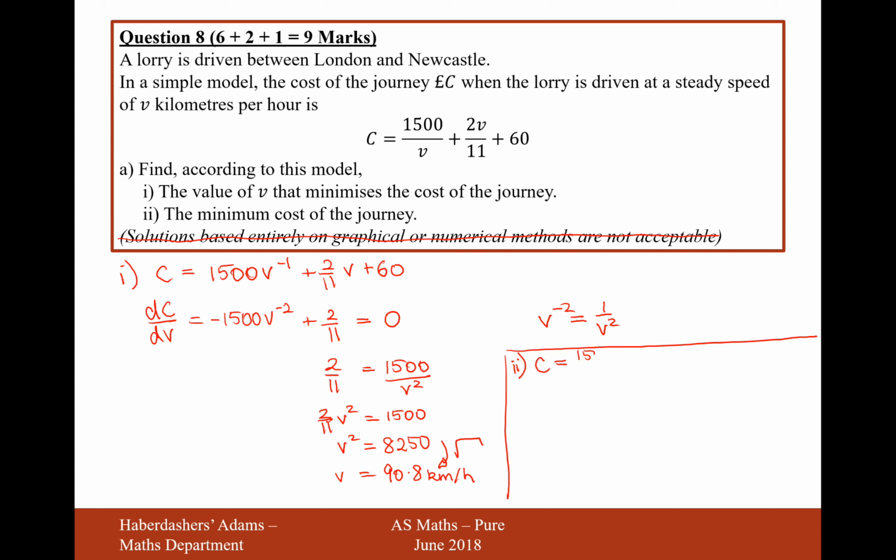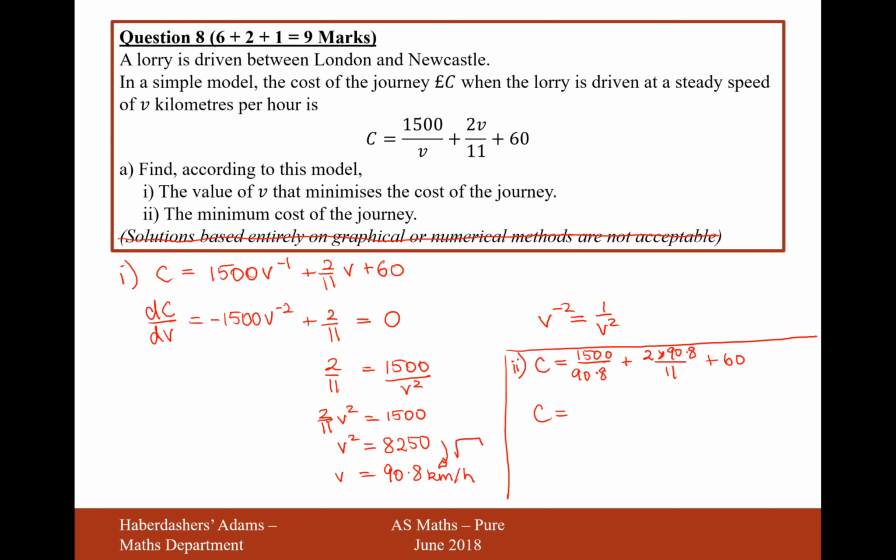So 1,500 divided by the 90.8 value. Now I won't put 90.8 in my calculator, I'll put the answer button in my calculator. So 2 times 90.8 divided by 11 plus 60. So let's plug that into the calculator all in one go. 1,500 divided by answer button.